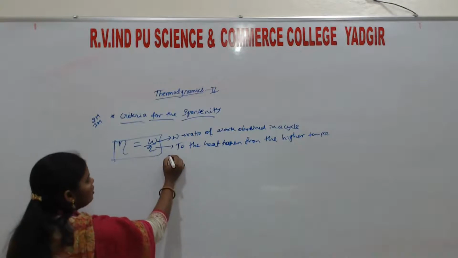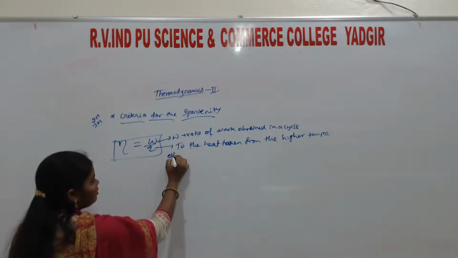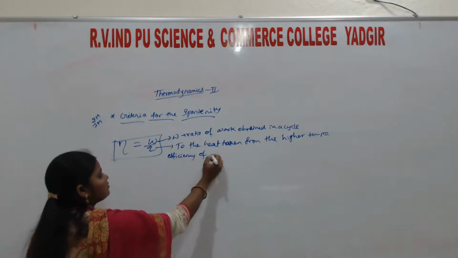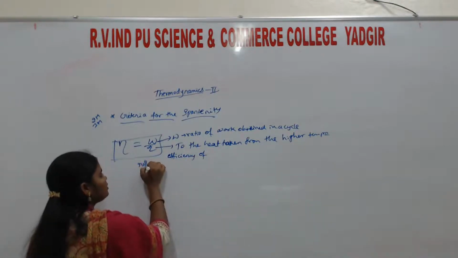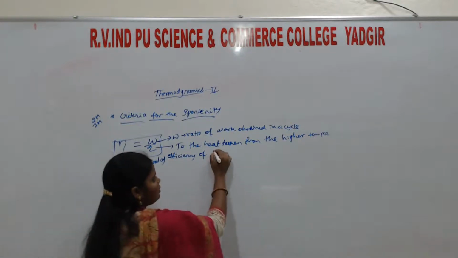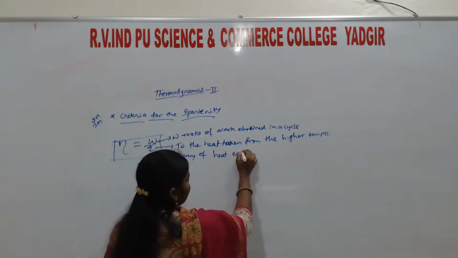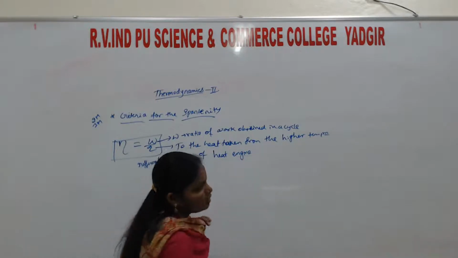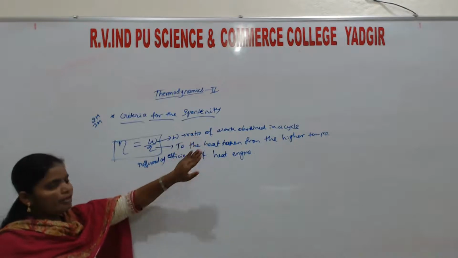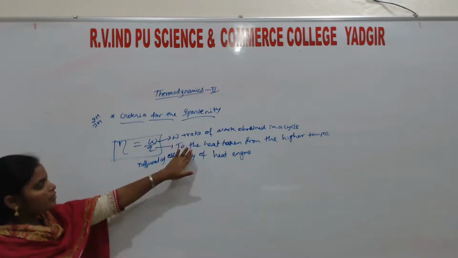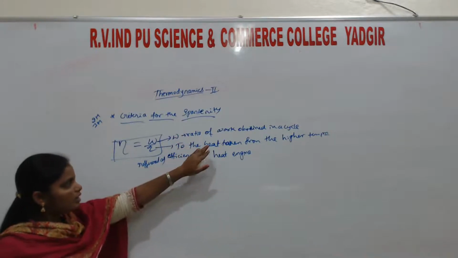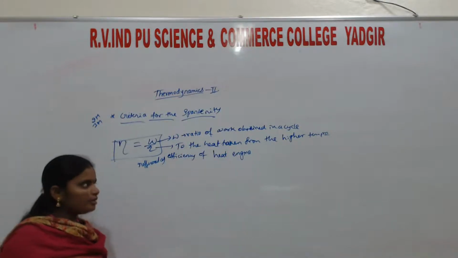See here, the efficiency of a heat engine means the ratio of work obtained per cycle to the heat taken from the higher temperature.